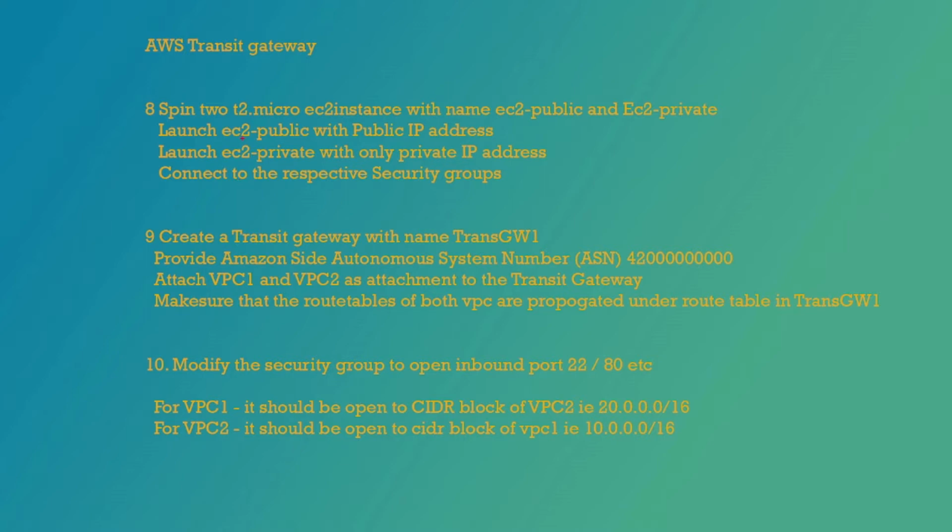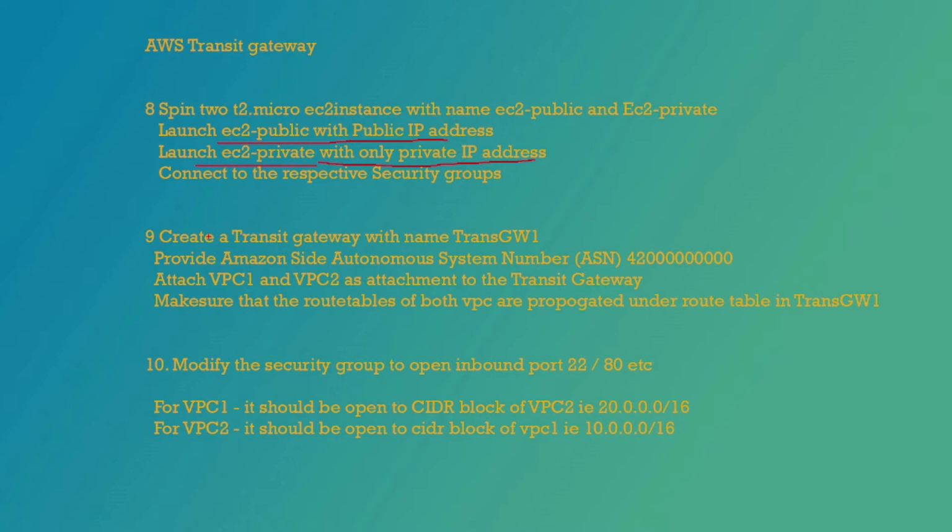The EC2 instance on VPC1 should have a public IP, and the EC2 on VPC2 will have only a private IP address. So here we will see how to connect to this EC2, which has only a private IP address, from the EC2 machine that has a public IP address.